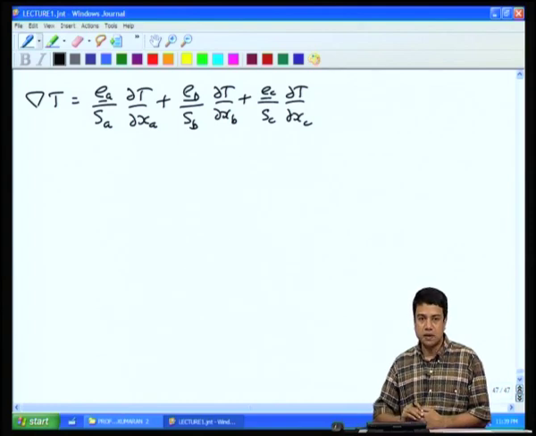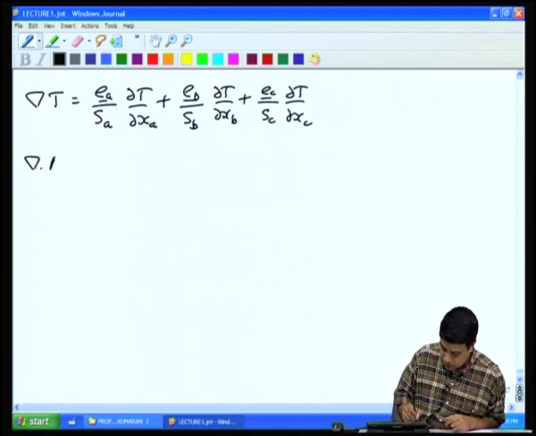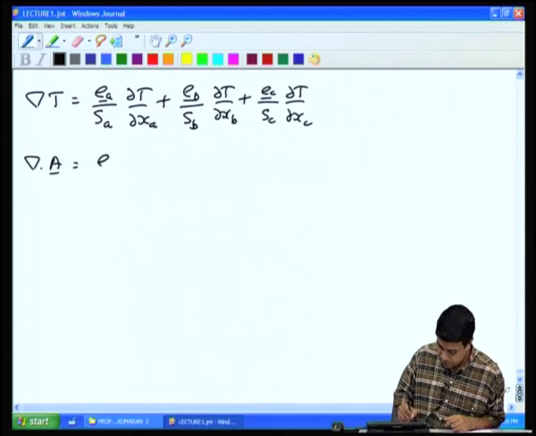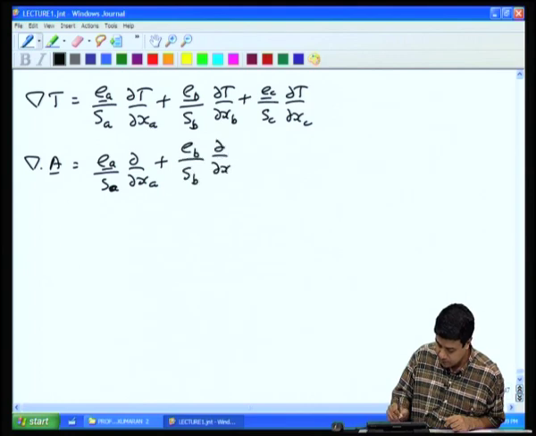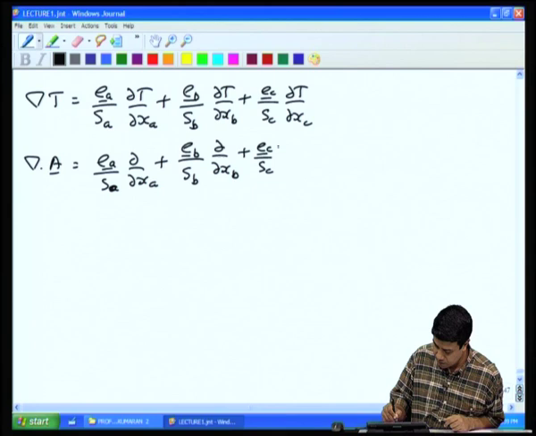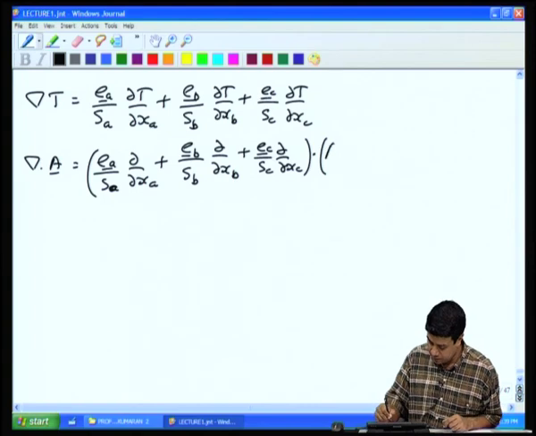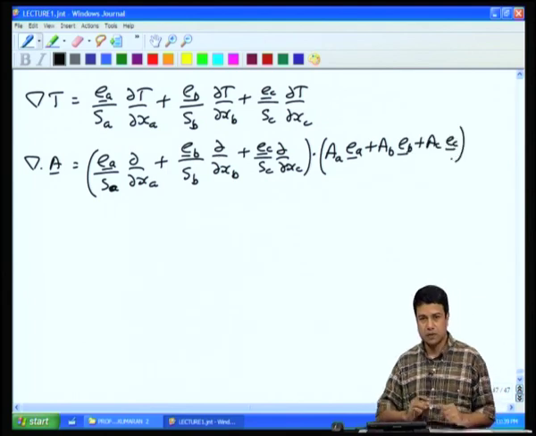However, when it comes to defining divergences, it gets a little more complicated. Okay. You know that del dot A is equal to e_a/S_a partial by partial x_a plus e_b/S_b, dotted with A. Okay.